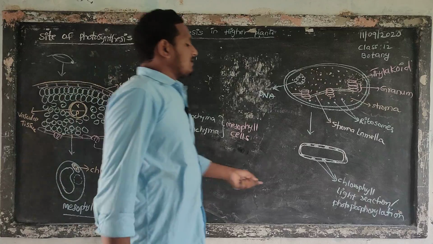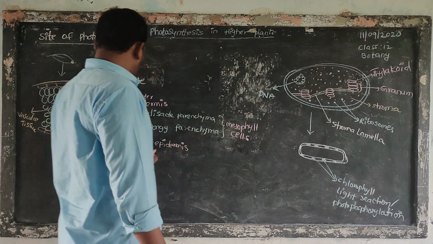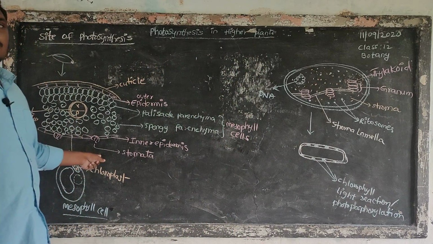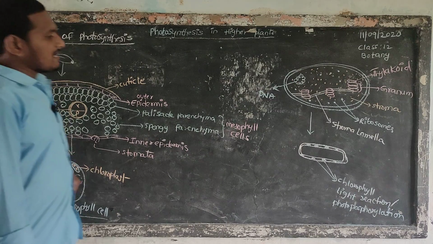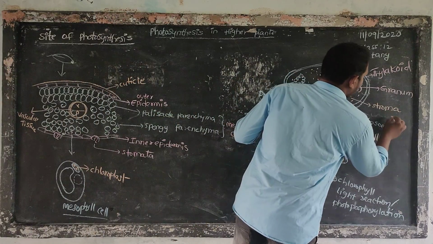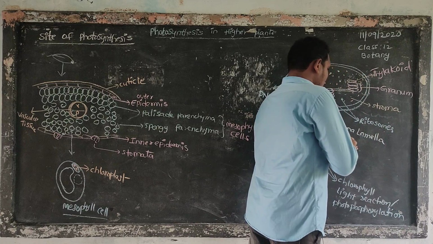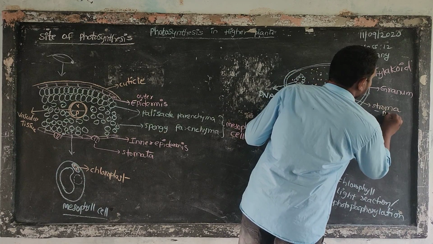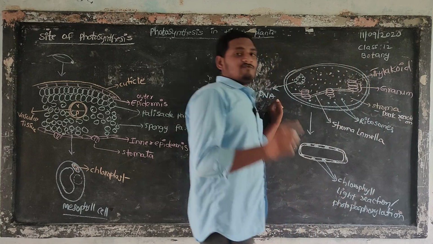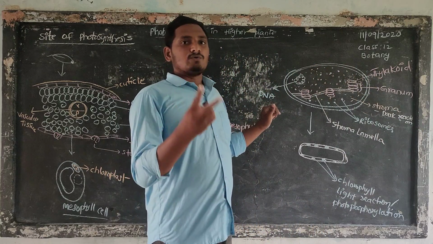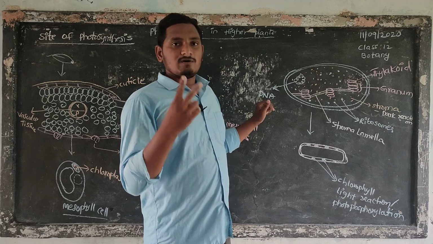Next, the light reaction is followed by the dark reaction. The next step is the dark reaction. The dark reaction mainly takes place in the stroma. In the photosynthesis process, two types of reactions are there.